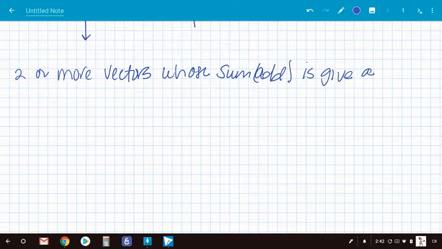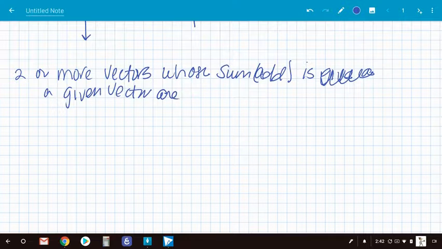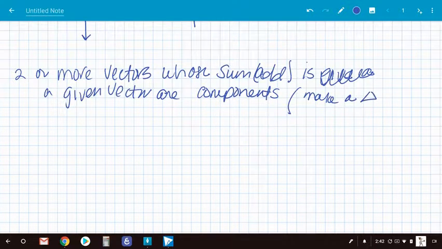Whose sum is a given vector. They're called components. And this really just means we're going to make a triangle. Okay? So that's like the fancy math way of saying make a triangle.